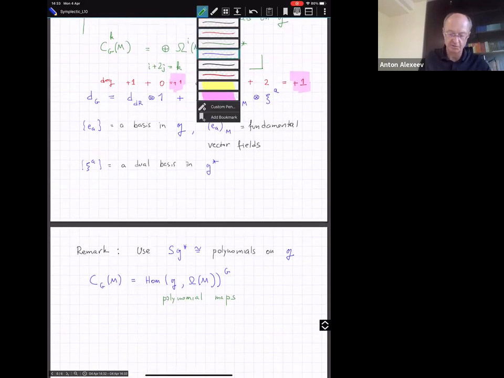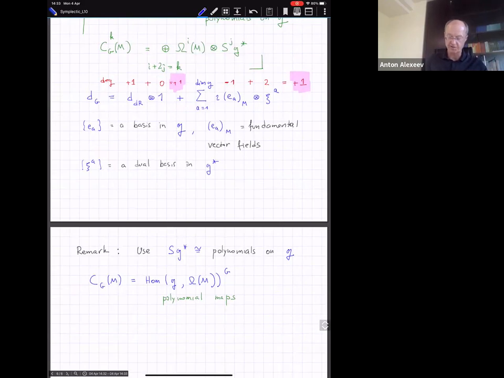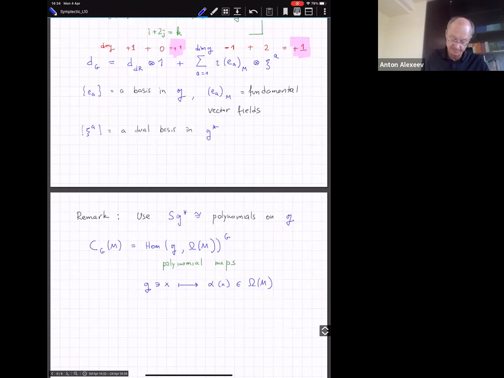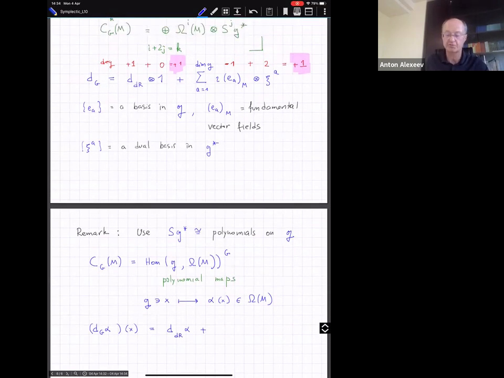So then what will happen? We can think now of an image of such a map at some element X in g. So this X is mapped to a form α(X) in Ω(M), and d_G of α as a function of X will look as follows. So this will be d de Rham of α plus, and here you see what's going to happen.